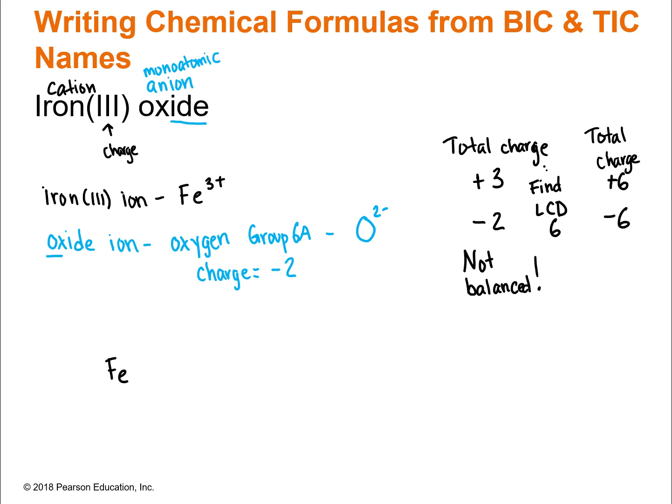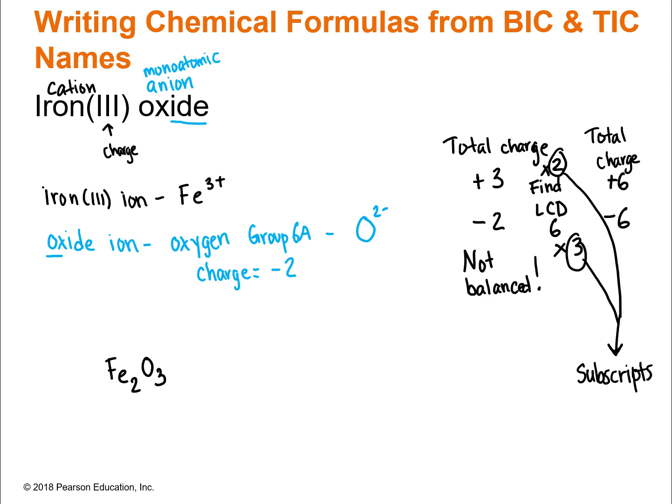Here we're going to multiply by 2. And then for the other one, we're going to multiply by 3. These two numbers are the subscripts for your different ions.